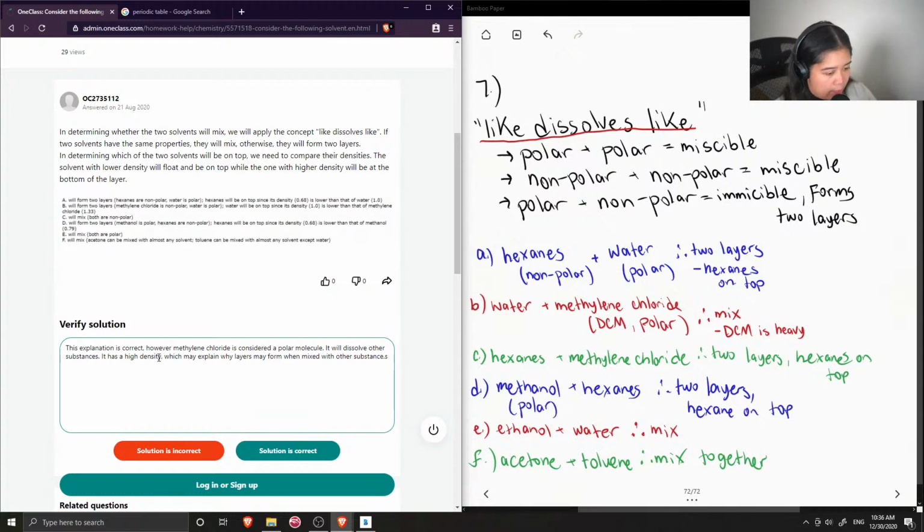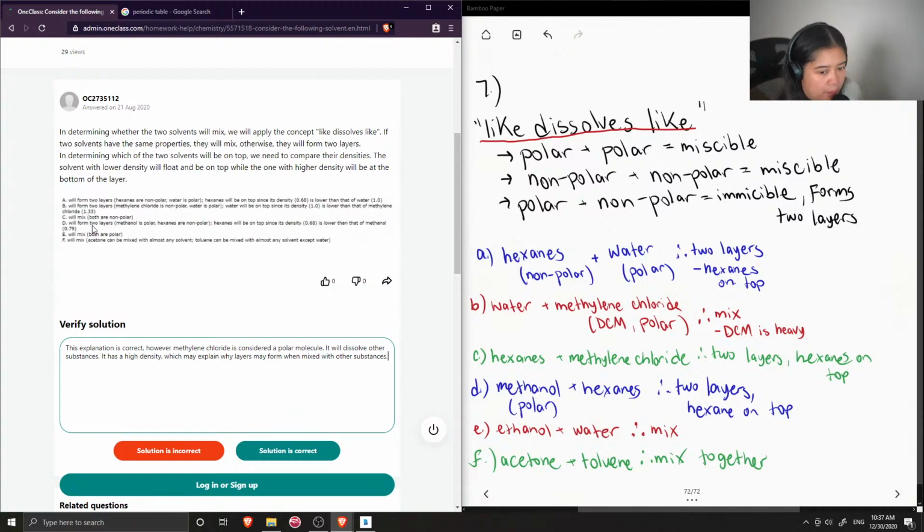Okay, so I just added a bit about methylene chloride. They said water will be on top and the methylene chloride will be at the bottom. So you can see that its density is like 1.33. So you can see it has a much higher density than water. That's why layers might form.